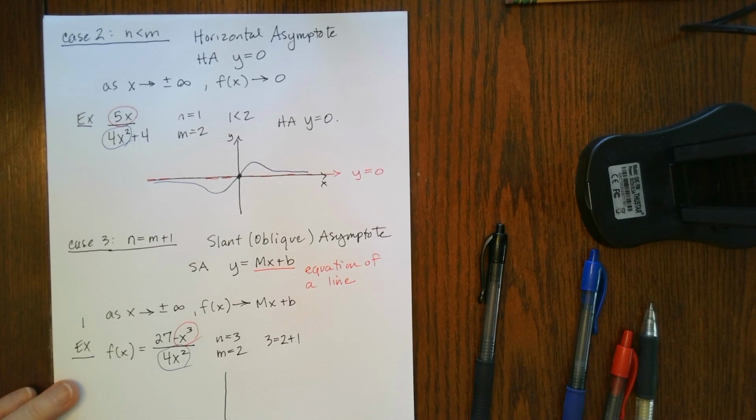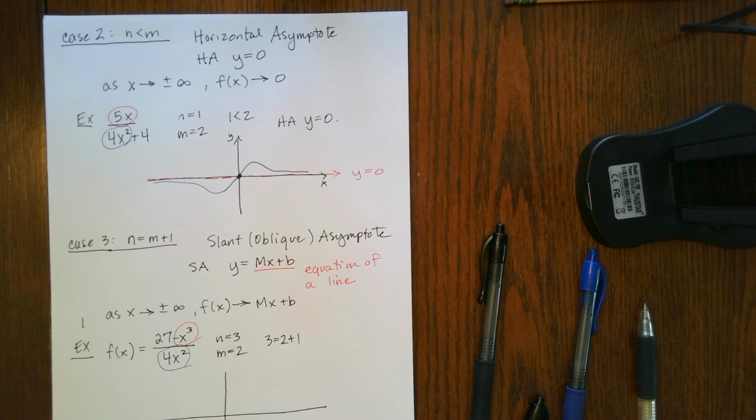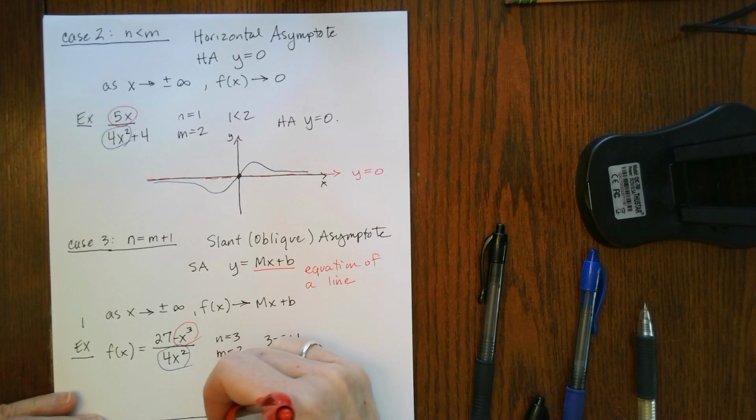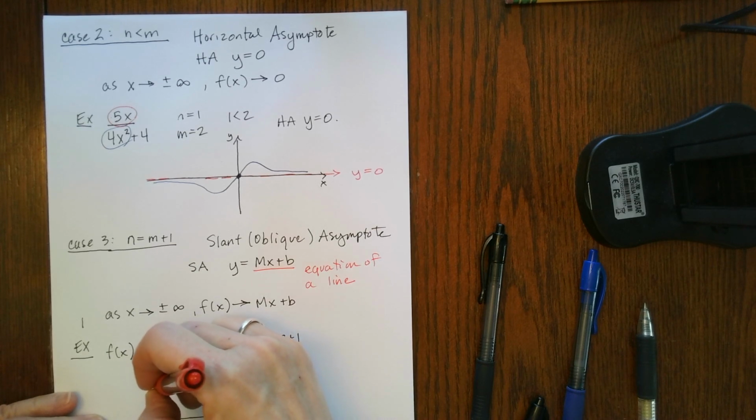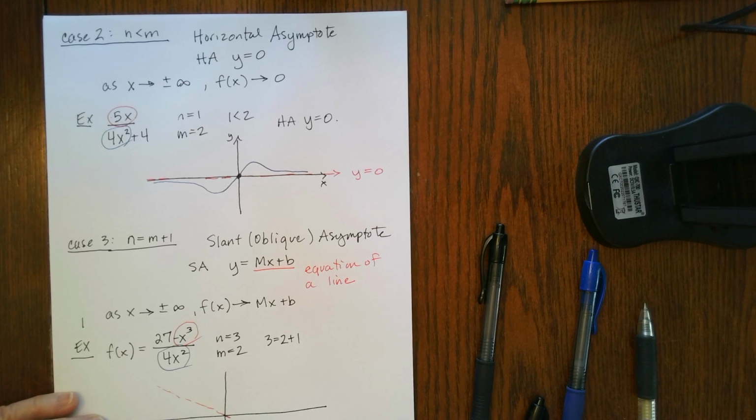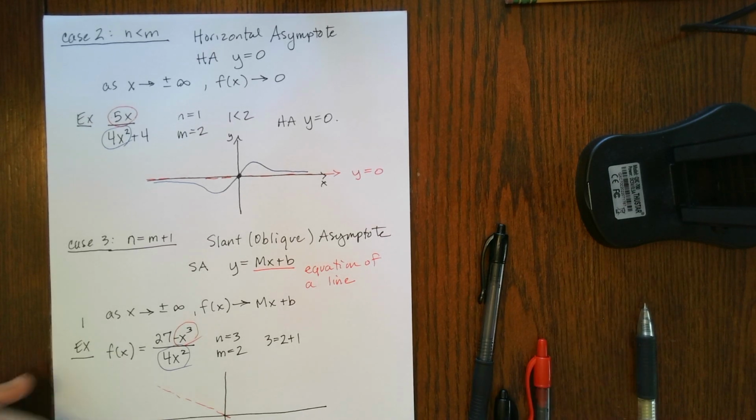So let's see what this graph looks like for this function. The slant asymptote is going to be a line, again, neither vertical nor horizontal, and it goes through 0, 0, and looks something like this. So this is our slant asymptote. Okay, what's the graph look like?